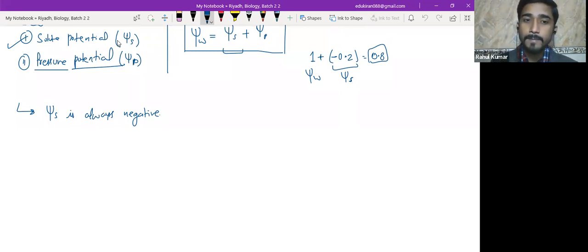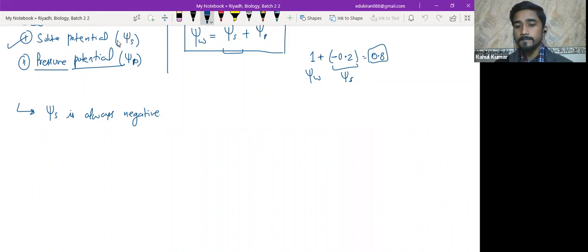Is it clear, everyone? So what is one way? If it is asked that if the solute concentration is fixed or if there is no solute present in the water, which means it's a pure water, which of the following factors can still lead to an increase in the water potential? The answer is pressure.